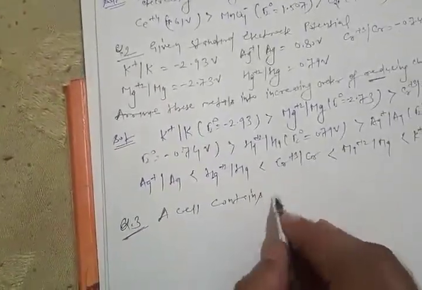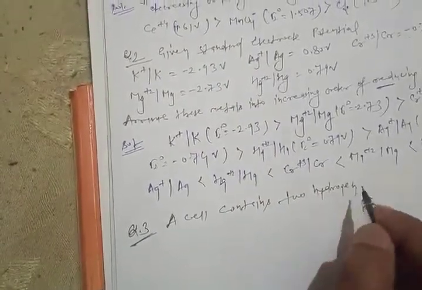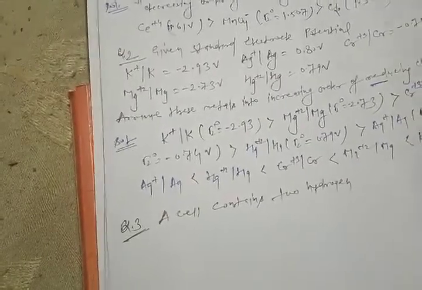A cell contains two hydrogen electrodes. That means we have hydrogen on both sides.